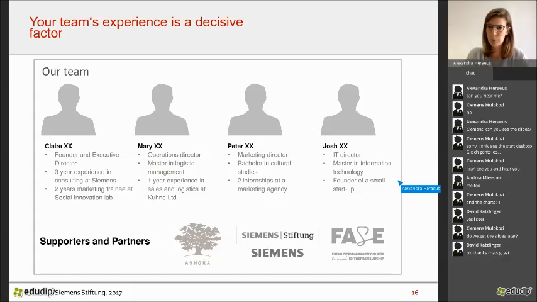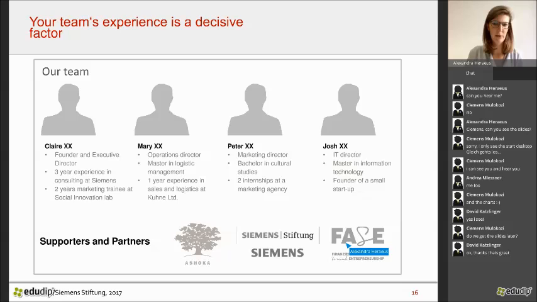But make sure that the qualifications listed are limited to the leader team or the group of people that are leading the company, because no one wants to read bios about every one of 50 team members that might be in your group. So make sure you have a good level of information on the most relevant people and maybe a little bit of showing that you're a great team on a higher level.